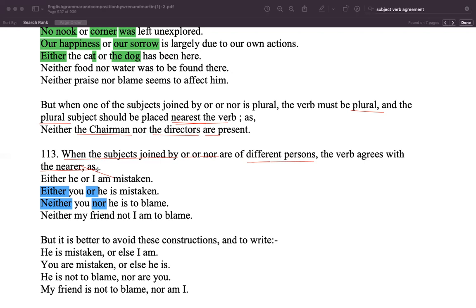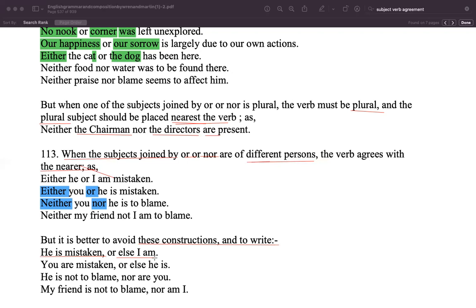If you find it written as either he or you are mistaken, it is better to avoid these constructions and to write what? He is mistaken or else I am. If you get into confusion, it is better to write like this. Instead of writing either he or I am mistaken, you can say he is mistaken or else I am.